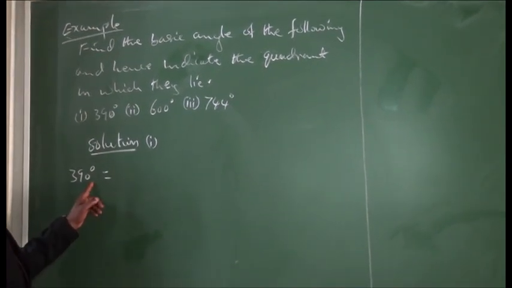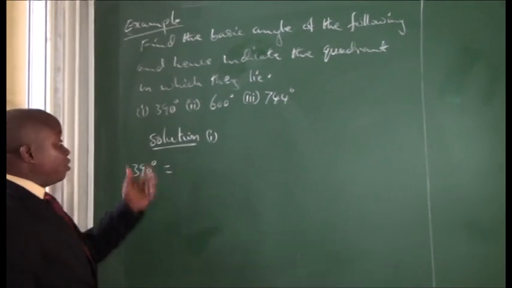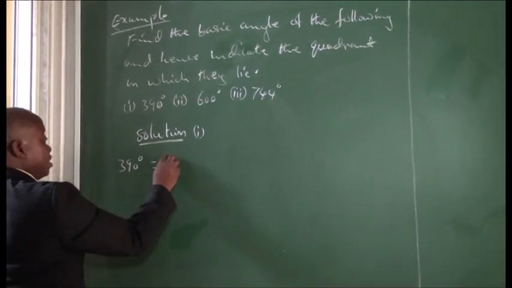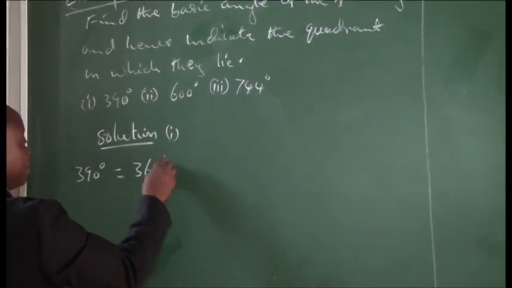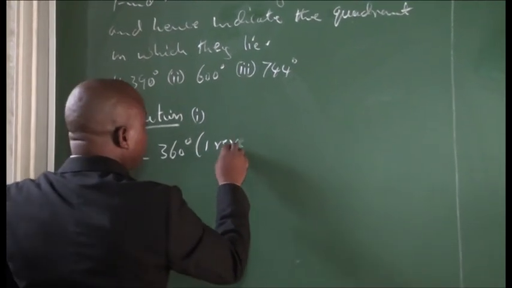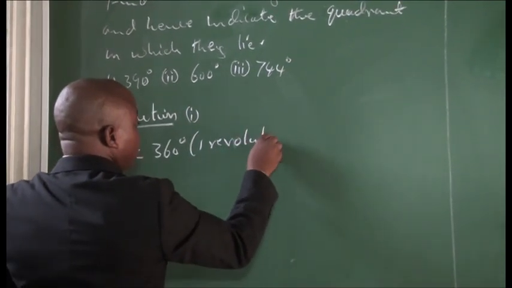You see, 390 degrees is more than 360 degrees. So what we'll do is, we know that 360 degrees is one revolution.